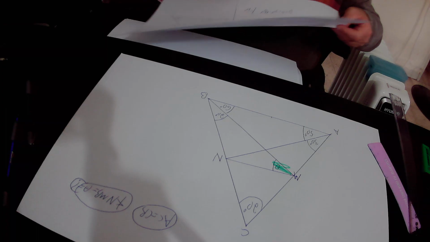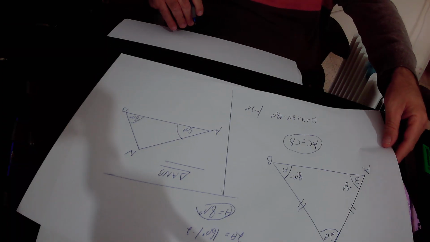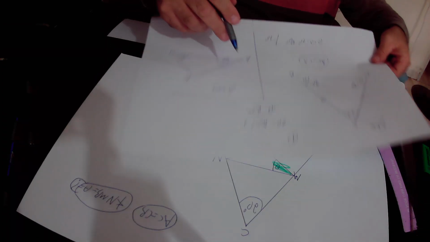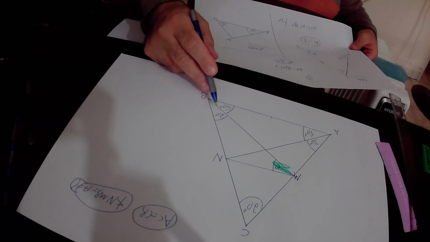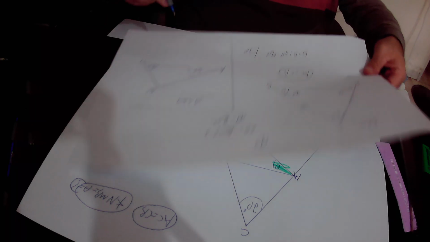This is triangle AMB from the original drawing. Angle NAB equals 50 degrees. This is angle theta that is equal to 80 degrees.